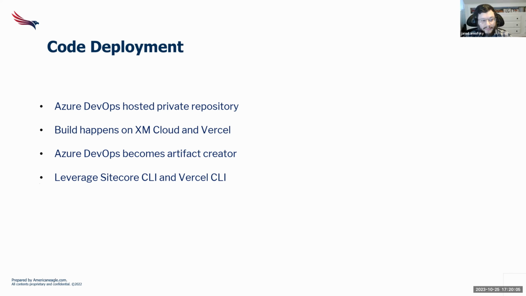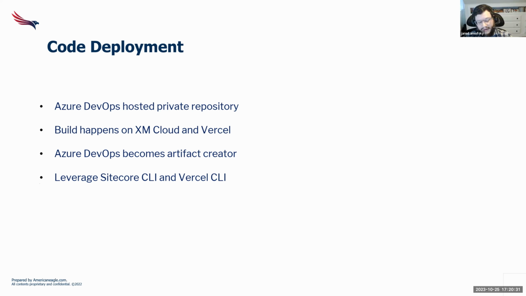Something that's different here is the build doesn't really happen anymore in your build and deploy and release pipelines. The build actually happens on each of the respective platforms themselves. Vercel's build happens in Vercel, XM Cloud's build happens in XM Cloud. So for us, Azure DevOps just became an artifact creator.